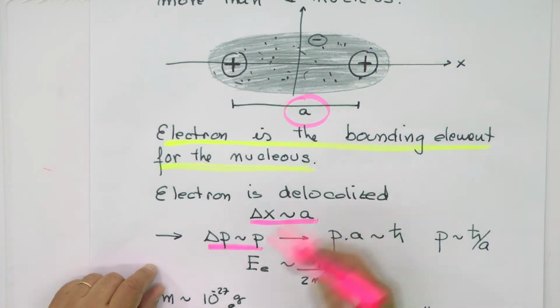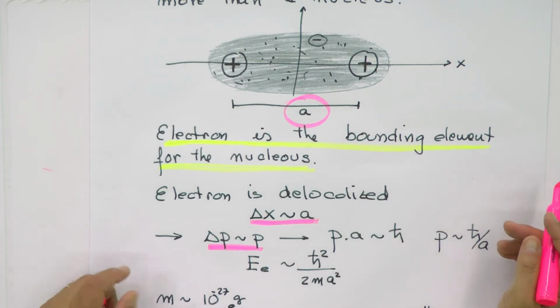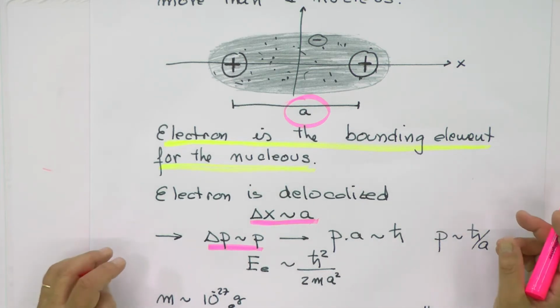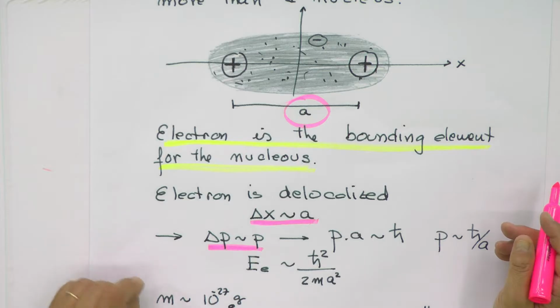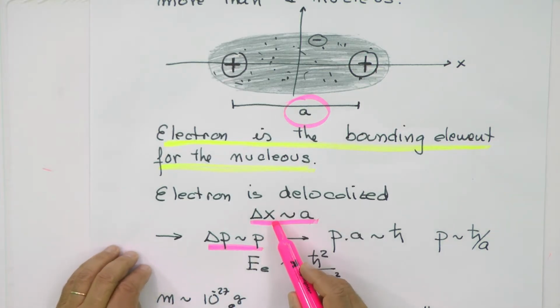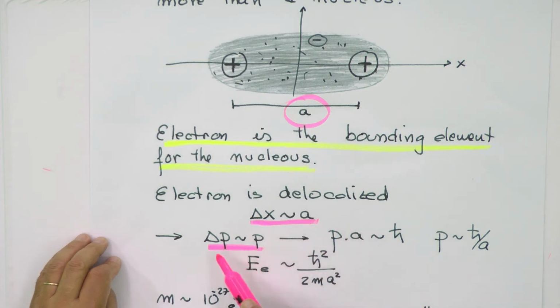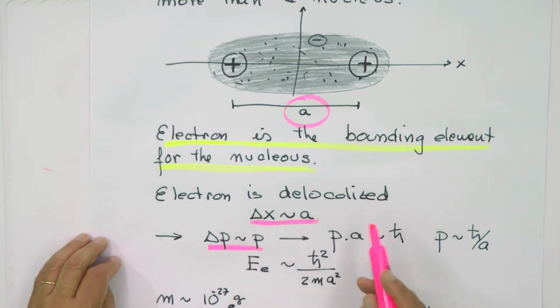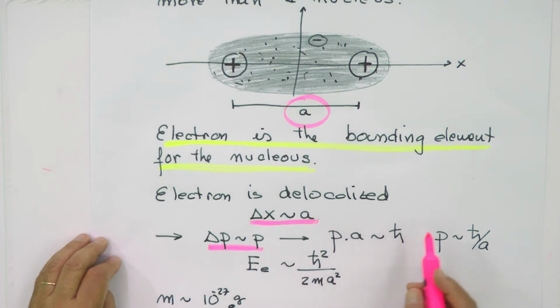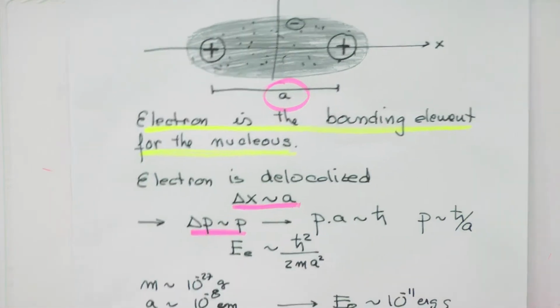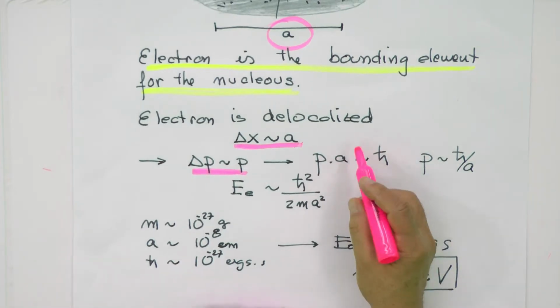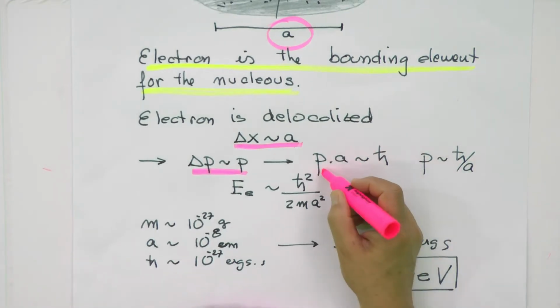And the combination of those uncertainties is what determines the energy of the electron in this configuration. Okay, so if you consider delta X about A, the uncertainty in position, and delta P about P, the uncertainty in momentum, we know by the uncertainty principle that the product of those uncertainties is on the order of h bar.